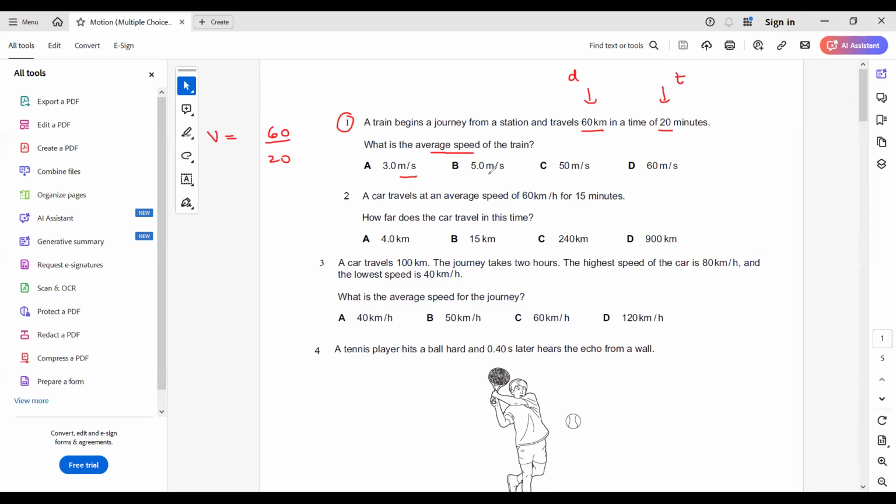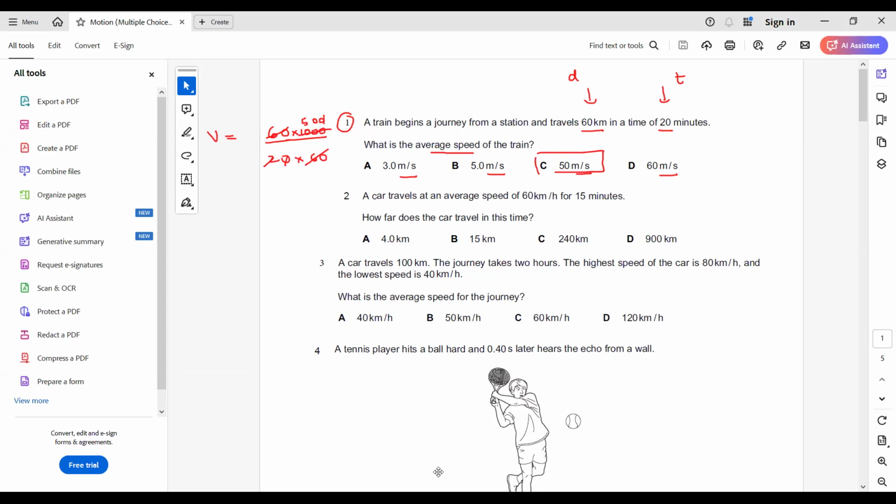I need to see the options. They say give your answers in meters per second, so I have to convert kilometers into meters. I multiply it by 1,000. Now my distance is converted into meters, and then minutes to seconds, so let's multiply by 60. This goes here, this goes here, and my answer comes out to be 50 meters per second.